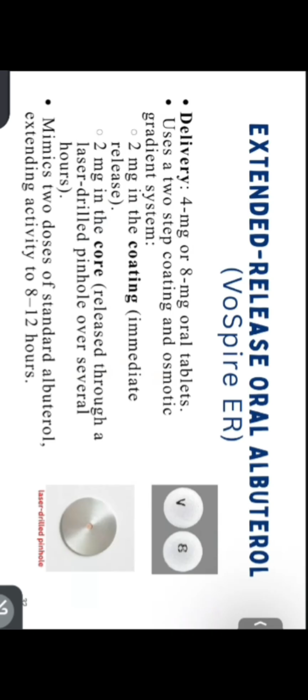The pill actually draws in water inside the drug, which dissolves the medicine and pushes it out of a laser drilled pinhole, like in this picture, at a slow and steady rate. And it mimics 2 doses of standard albuterol and extends activity to 8 to 12 hours. Next slide, please.